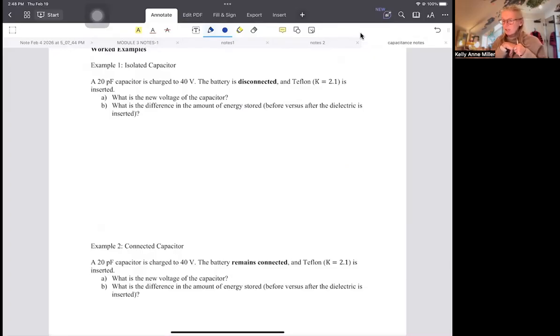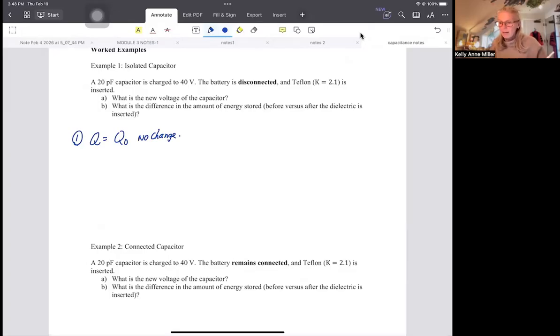Okay. So, because the battery is disconnected, I always start with the charge, right? We know that the charge is going to be equal to the original charge. There's no change in charge.